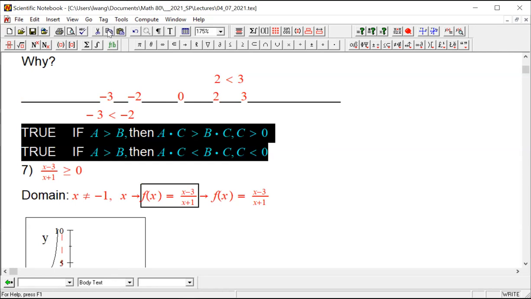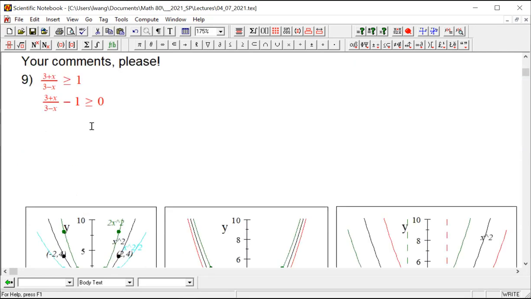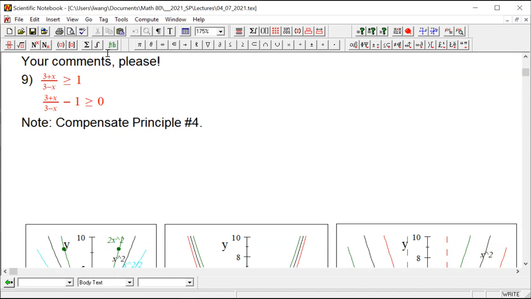When we multiply, these are compensating principle number 4.